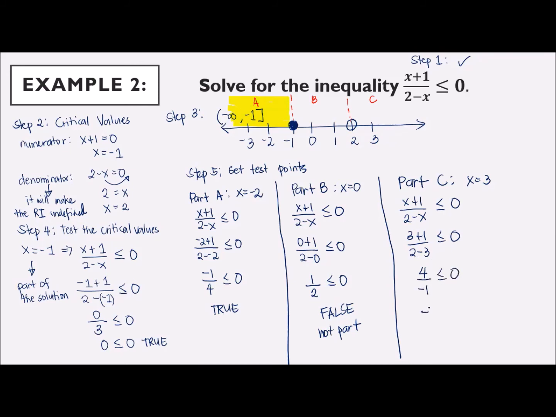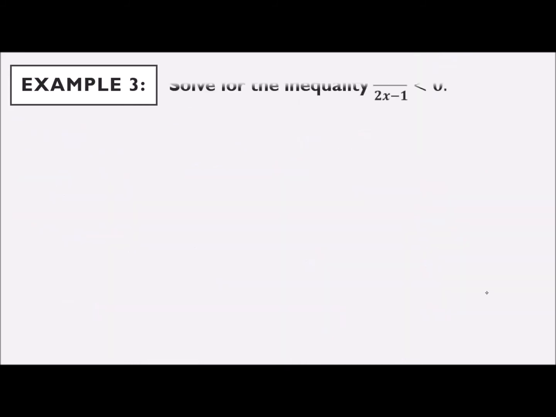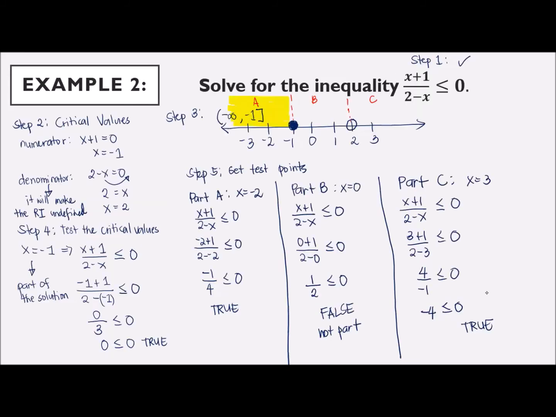Now, simplifying this, we will have negative 4. Negative yan, nasa kaliwa ng 0, and that is true. So, ibig sabihin, parte ng solution. Okay, letter C. Shade natin. Okay? Ginagawa ko lang itong mga shading portions para mas lalo niyong maintindihan.